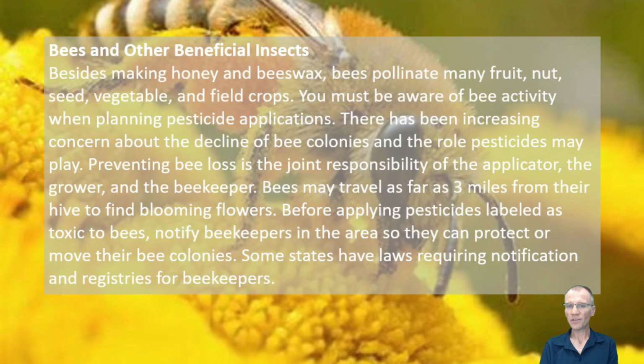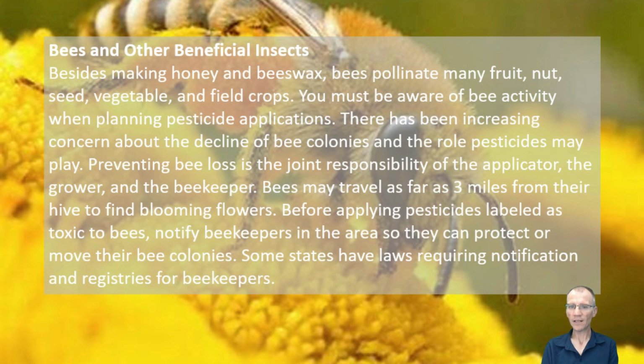Bees and other beneficial insects. Besides making honey and beeswax, bees pollinate many fruit, nut, seed, vegetable, and field crops. You must be aware of bee activity when planning pesticide applications. There has been increasing concern about the decline of bee colonies and the role pesticides may play.